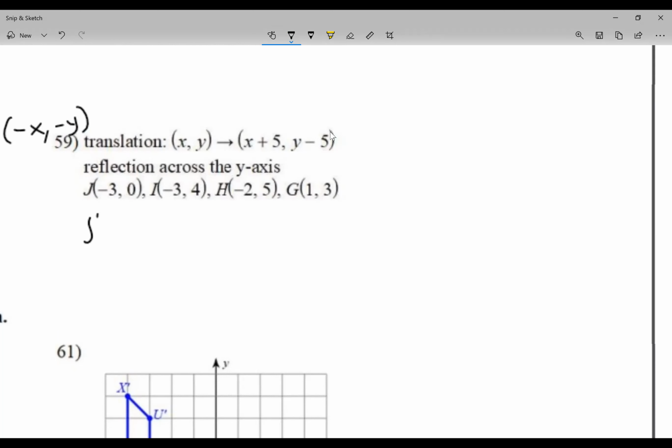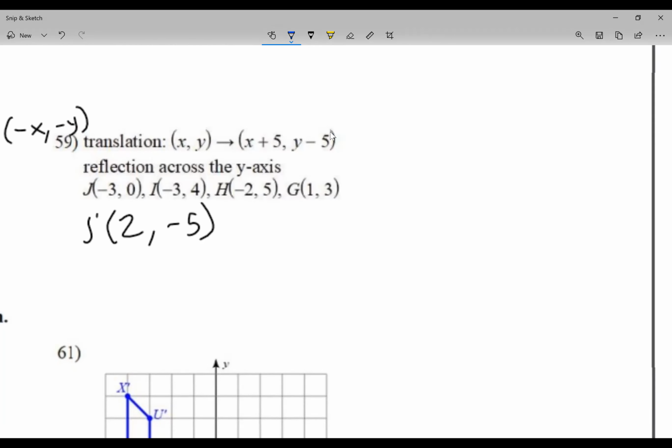So all I'm going to do is add 5 to my x value. So instead of -3, I'm going to write 2, because I added 5 to my x value. And then on my y value, I want to subtract 5. So instead of 0, let me call this -5. My second transformation says reflection across the y-axis.